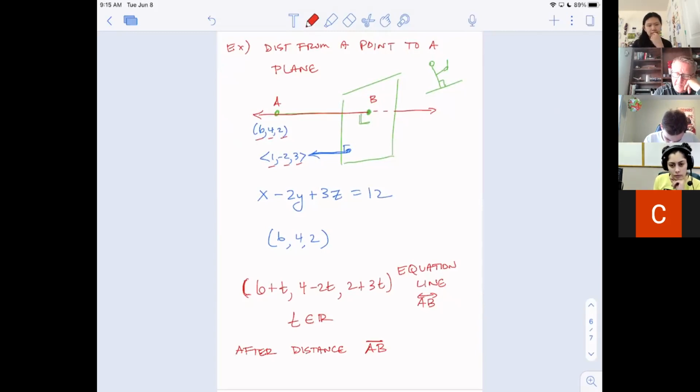Is there some way to find the coordinate for B? Where does that line actually hit our plane? How would you do that? Any brilliant ideas?